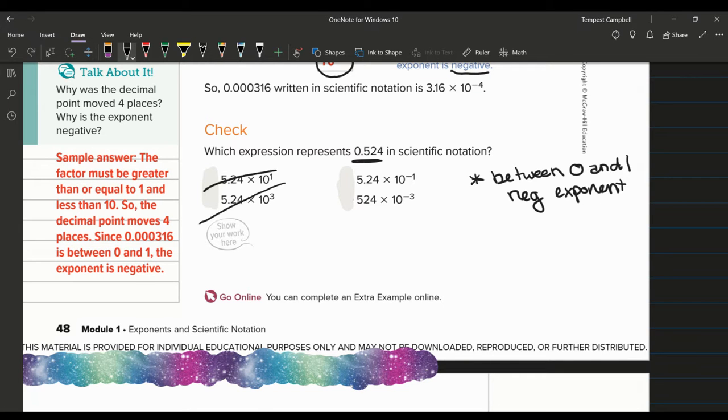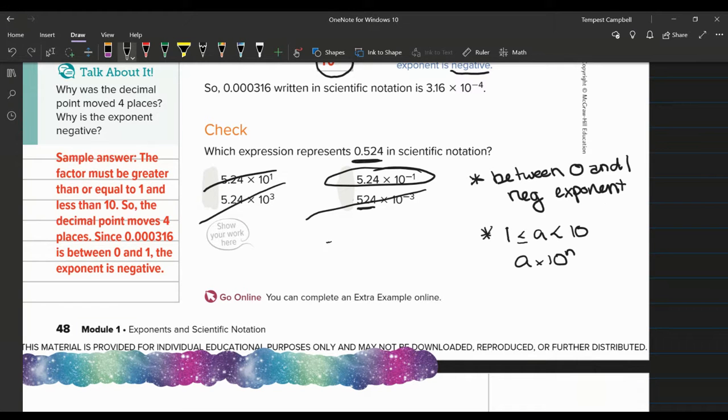So that eliminates A and B. And now we need to get our number to be 1 less than or equal to A less than 10, because we're trying to get it in this format, A times 10 to the power of some number. And so is 524 less than 10? No. So that eliminates that one. So now this is our answer.